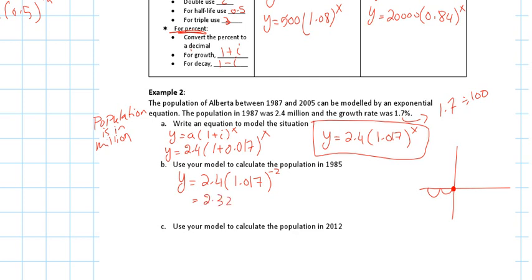Does that make sense? Did you guys get that? No. What do you guys get? 1.7? Which doesn't make sense. 2.32, yeah?